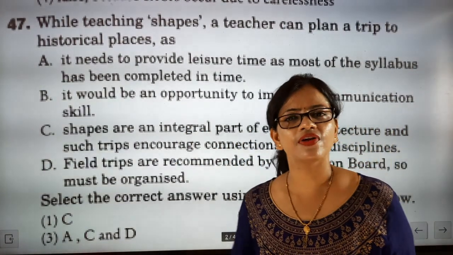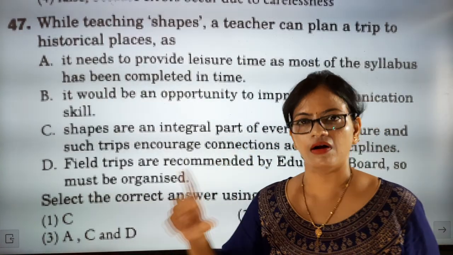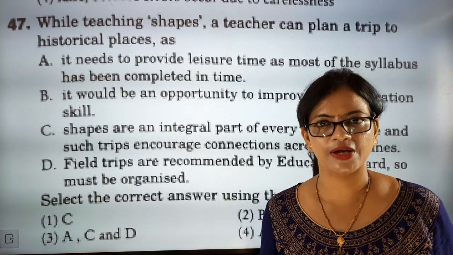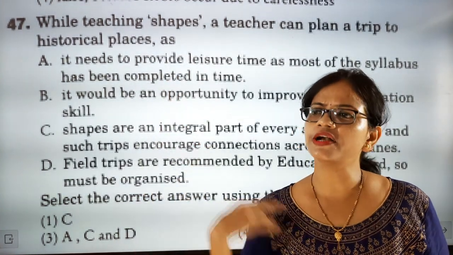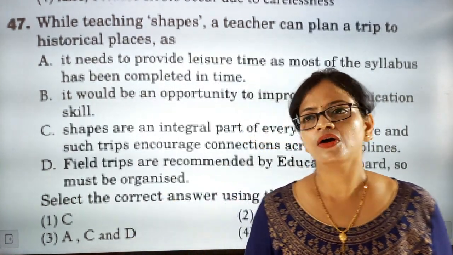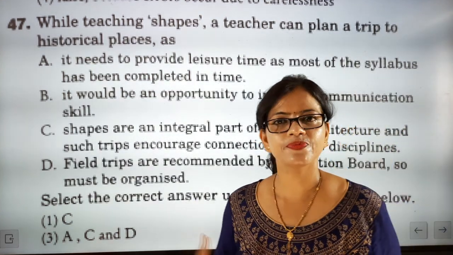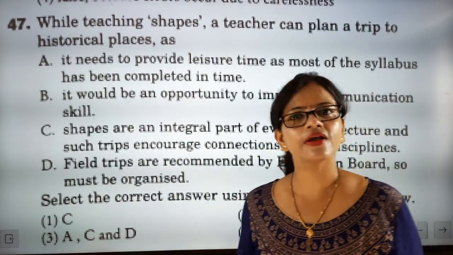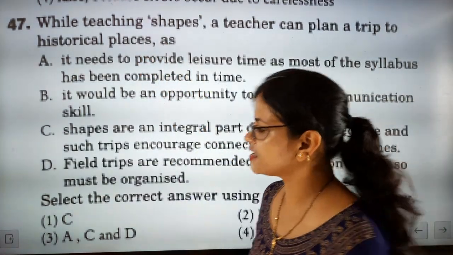Whenever you see a building, first you will see the brick. Brick is cuboidal in shape. Now you will see the pillar. Pillar will be cylindrical in shape. So 100% if any architecture is seen, it will have a shape: cubical shape, spherical shape, pillar, cylindrical shape. So 100% she has done a correct work.